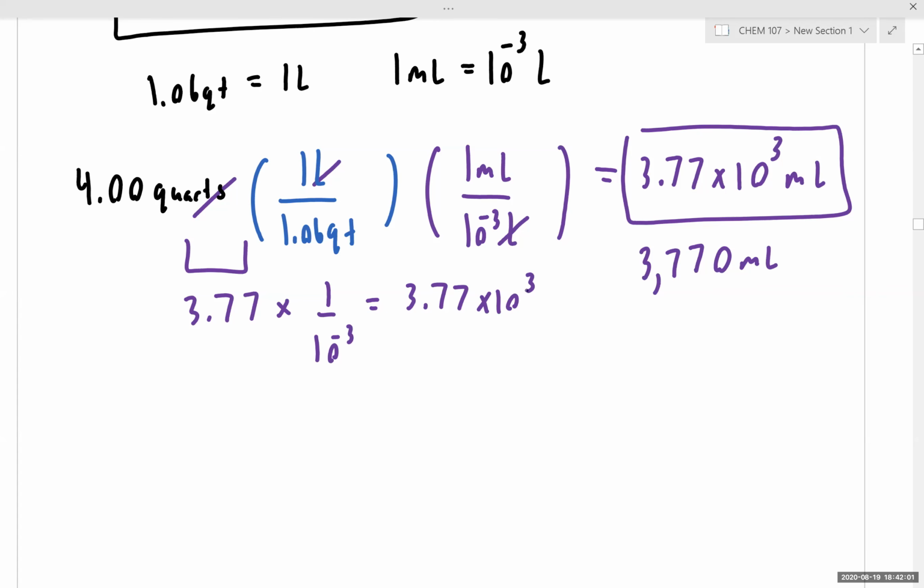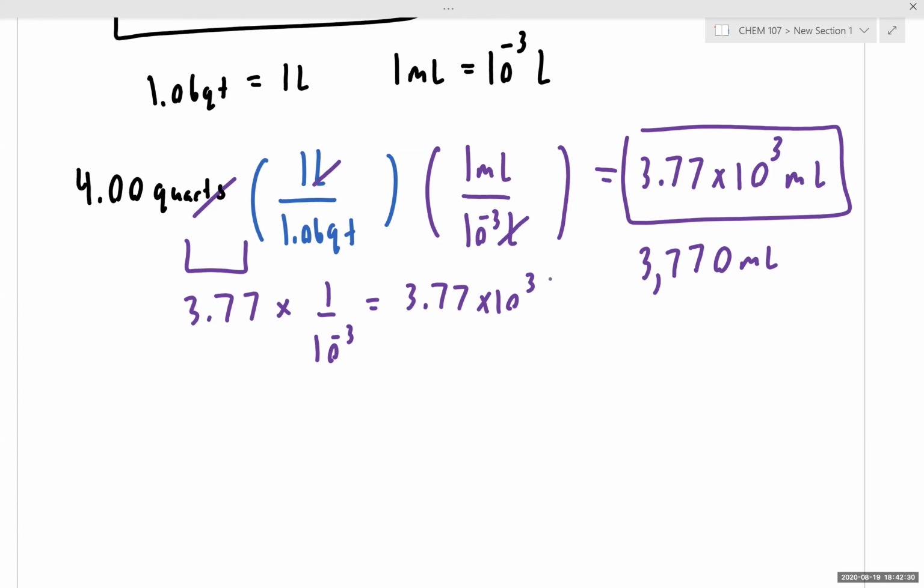Does that make sense? No, I still don't get it, sorry. So if we take 4 over 1.06 in our calculator, we get 3.77. Okay, I get it. And now that we're dividing by 10 to the negative third, we can write 1 over 10 to the negative third as 10 to the positive third. Got it. Does that make sense? Yes, now it does. Thank you.